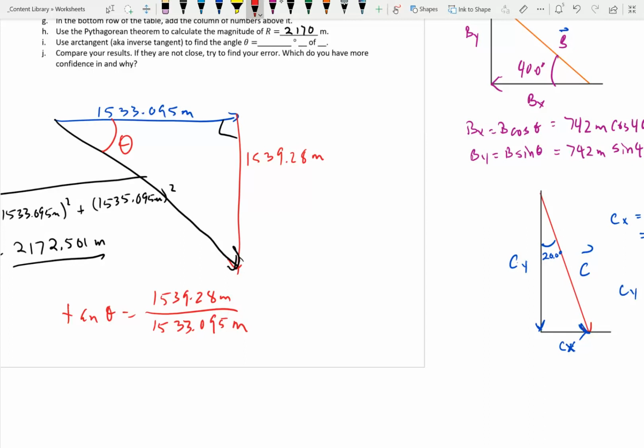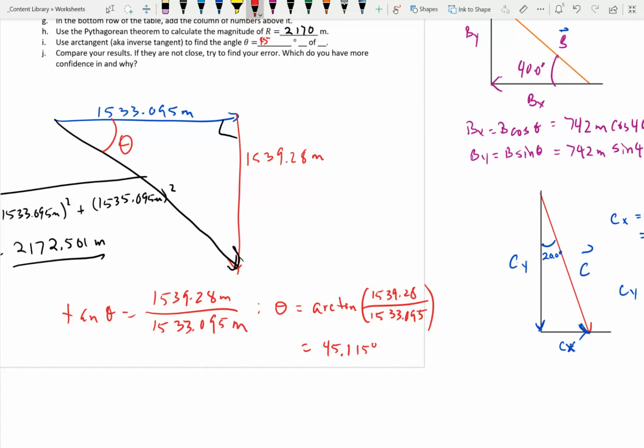So I need theta, so I'm going to use inverse tangent on both sides, which gives me theta is equal to inverse tangent, otherwise known as arctangent. And that gives me theta is equal to 45.1 degrees.